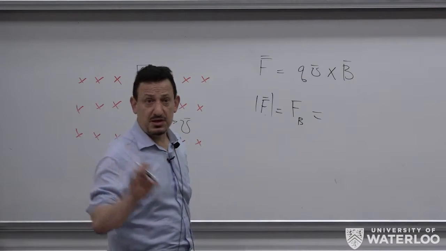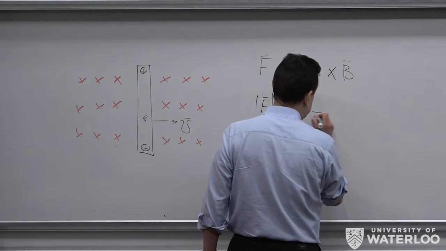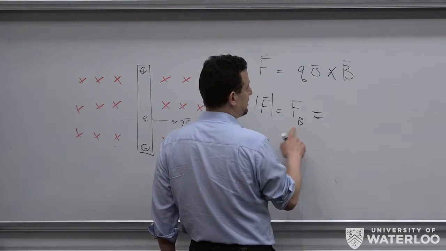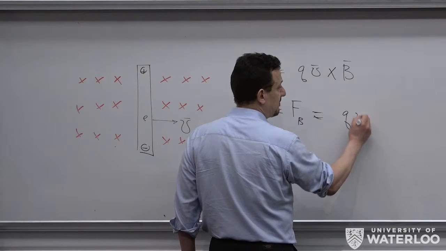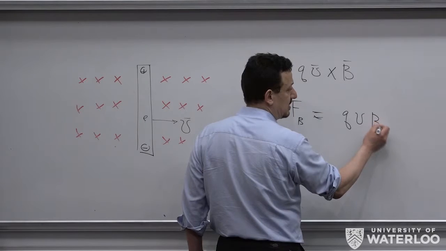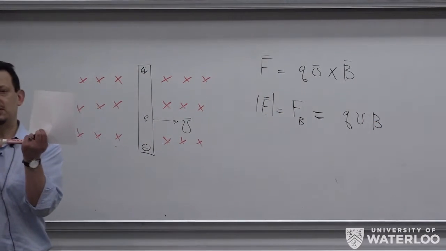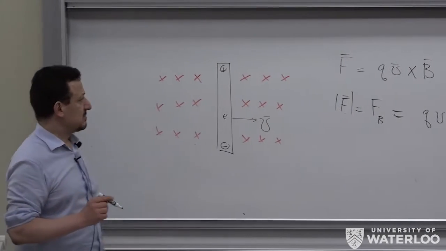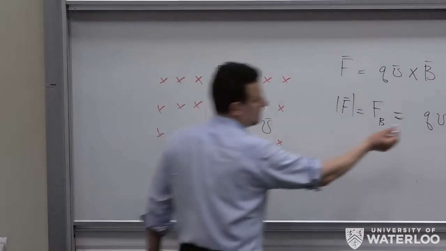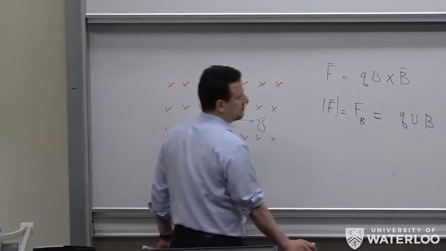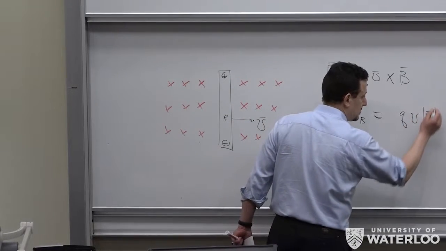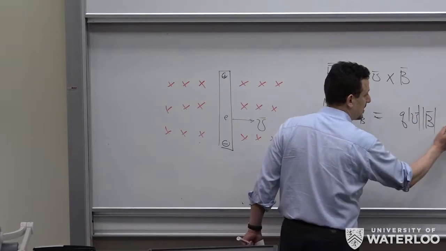This is a simple model, but it will be useful as you will see in a second. F_B equals Q, the velocity, multiplied by B. Why? Because the two vectors have 90 degrees between them, so I'll end up with the magnitude of the velocity and the magnitude of B. Or if you like, you can do this. Okay?